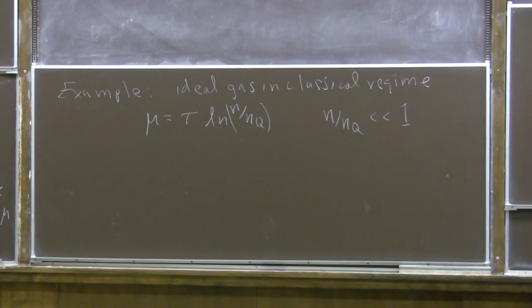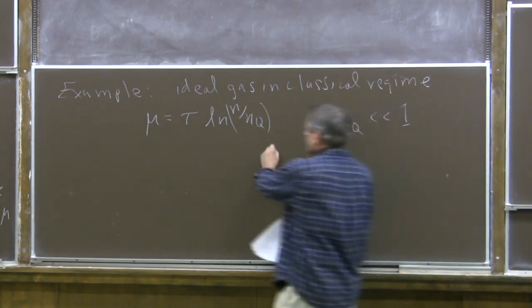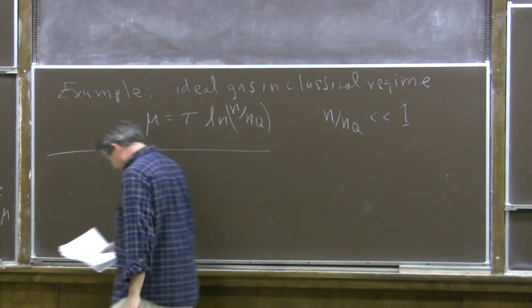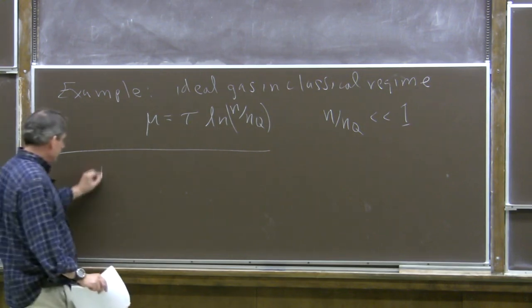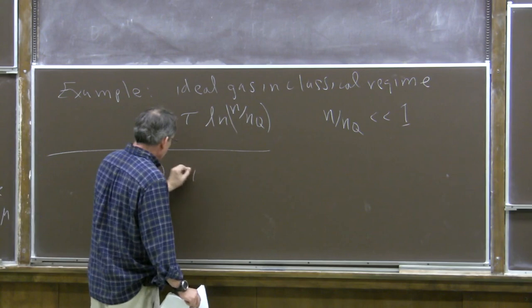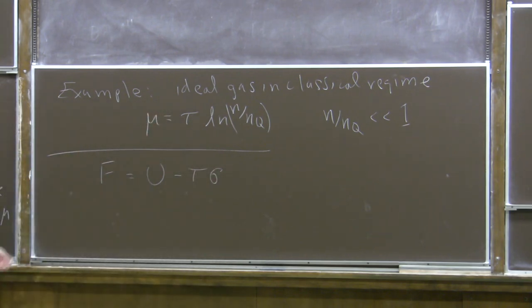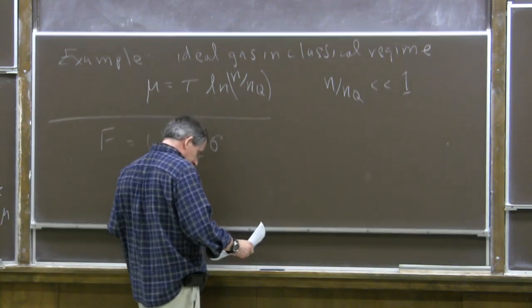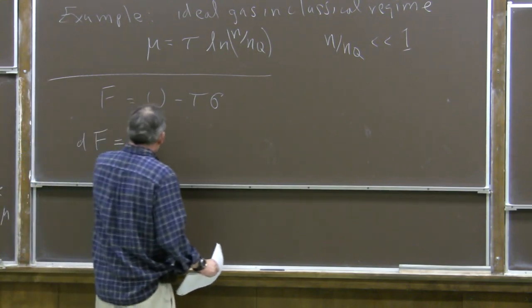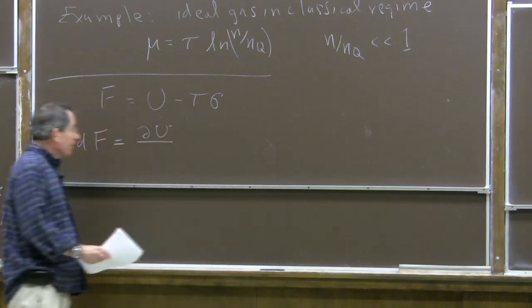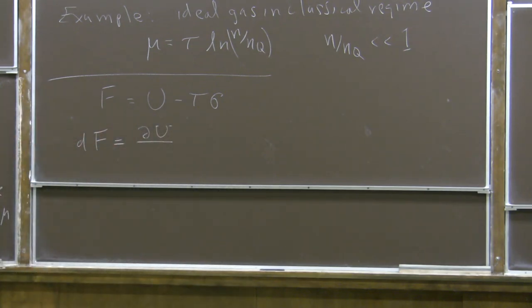There are other ways we could define the chemical potential in terms of other thermodynamic variables. Again, remembering that by free energy we mean U minus tau sigma, which becomes a function of tau when we choose U in order to minimize the free energy. If we consider the first order change in the free energy, we can write it as, let's imagine the volume is fixed, but the entropy can be changing.